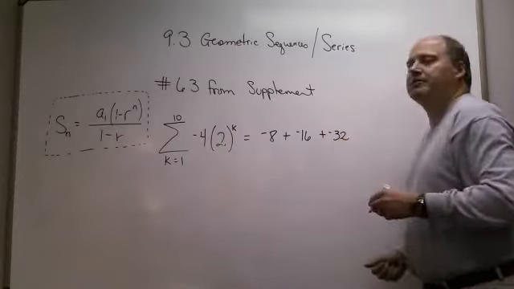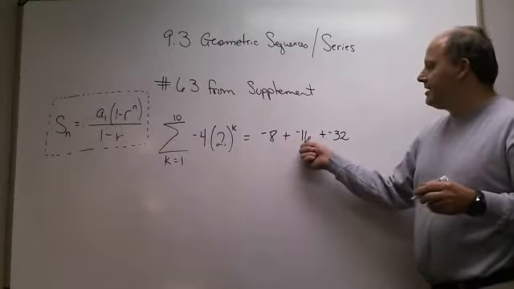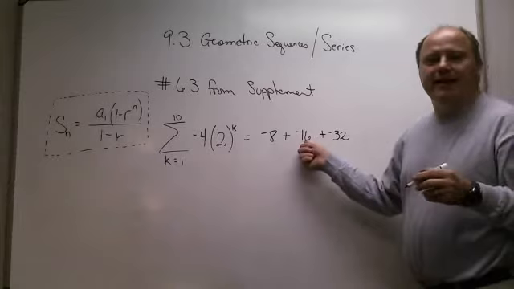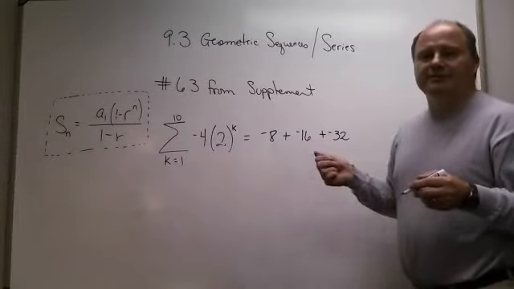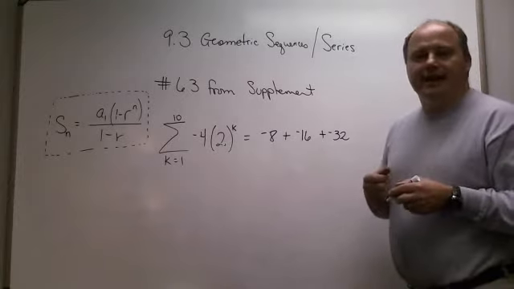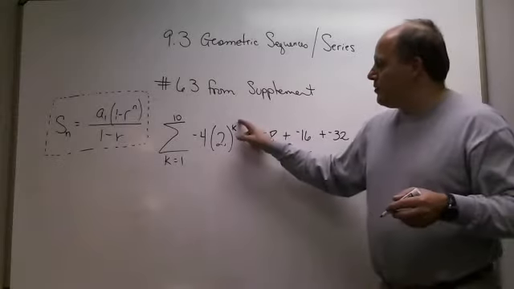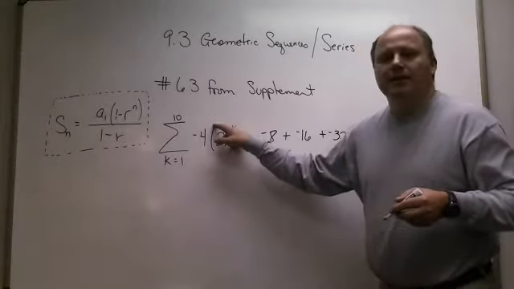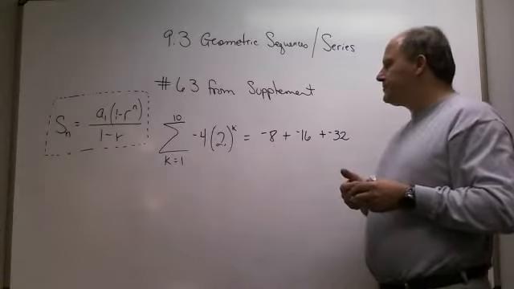So it's definitely not arithmetic because the gap has grown. It went from negative 8 to negative 16, which is a difference of negative 8. Then negative 16 to negative 32 is a gap of negative 16 actually. So it's not the same, so it's not arithmetic, definitely. But like I said, if you recognize this as an exponential type, then you know it's a geometric sequence.